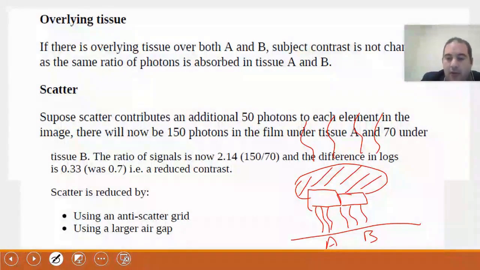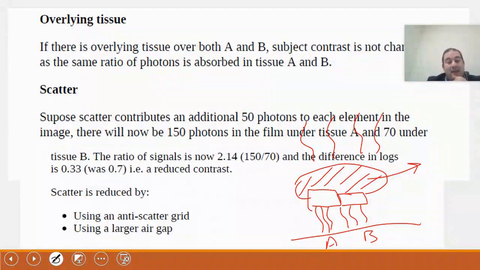Now, if there is no part covering the object, the ratio will remain 1. Yes, the number of photons may vary if I increase the dose, but the ratio will remain 1 because it covers both. It tells you that this ratio has no distinctive interaction because the ratio between the photons present in both will remain the same.